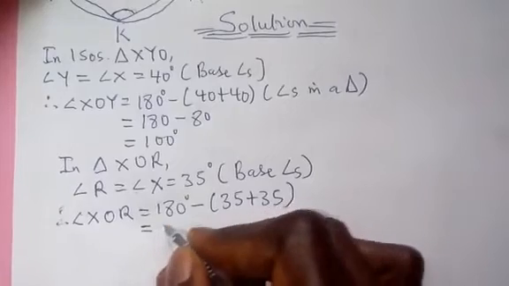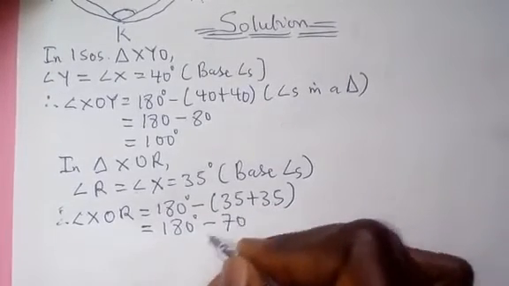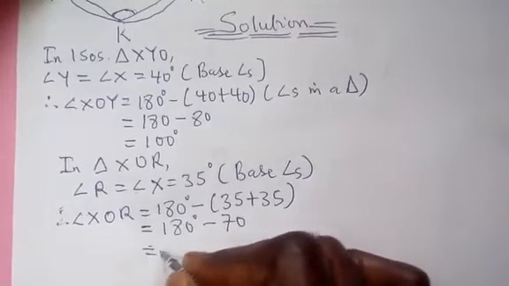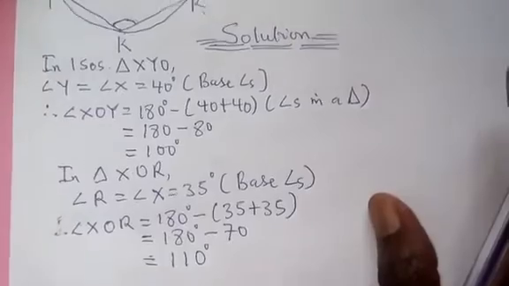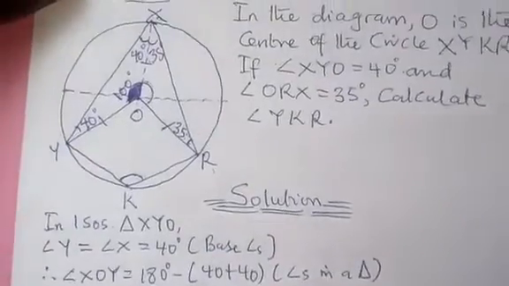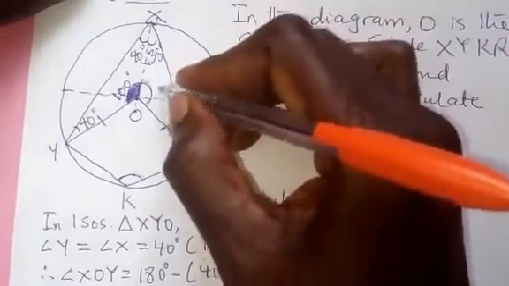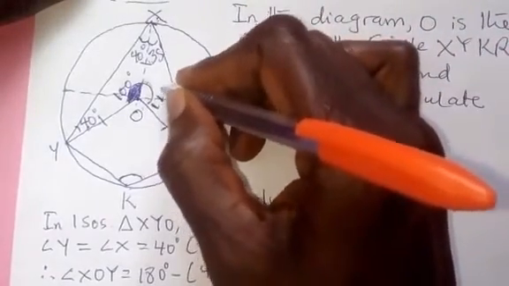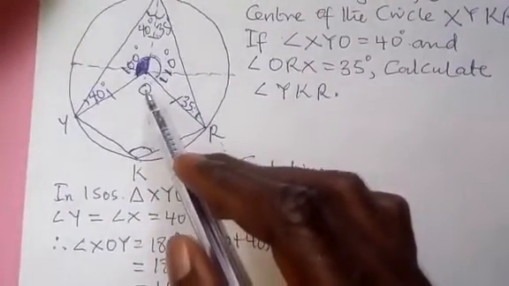Now this will give us 180 degrees minus, if we sum this, we have 70, and then if we do the subtraction, we are going to have 110 degrees. Now what does that mean? It means that our angle XOR is now 110 degrees.